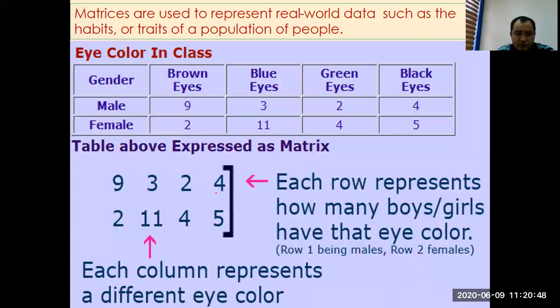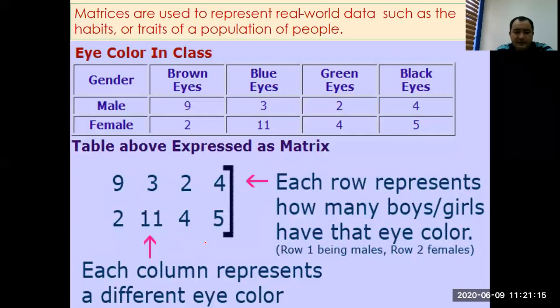And that is a 2 by 4 matrix. Okay. So here we have male, just from this table, I mean, how to convert a table into a matrix. So here 9 male students have brown eyes, 3 blue eyes, 2 green eyes, 4 black eyes, and female in a similar way. And also I can just do it like this, right?